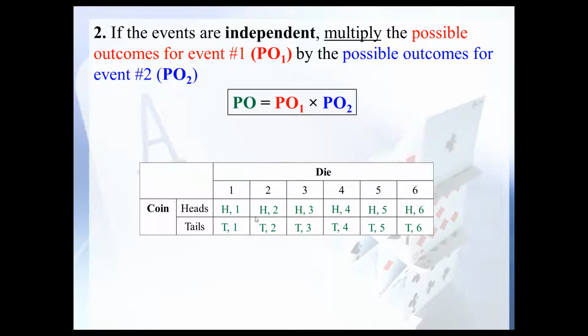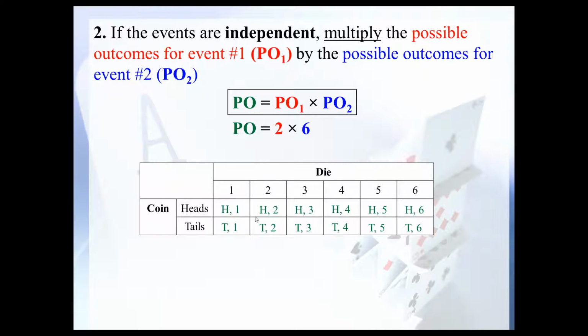So if I want to calculate the total number of possible outcomes, all I have to do is take the total number of possible outcomes for event 1 and multiply by the total number of possible outcomes for event number 2. So with the example I just showed, how many possible outcomes are there for flipping a coin? There's 2 of them. How many possible outcomes are there for rolling a 6-sided die?